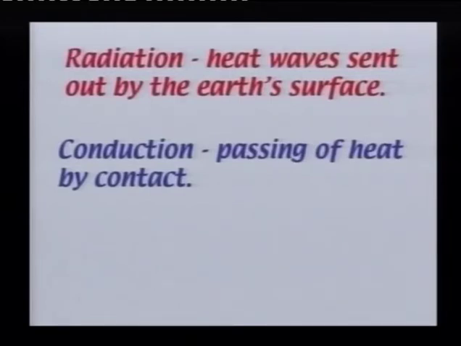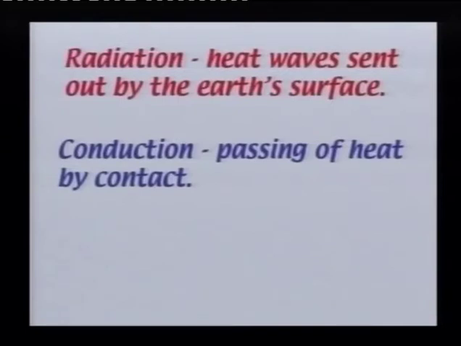And the heat exchange is called conduction. I'll repeat that. When two objects at different temperatures are in contact, heat flows from the warmer to the cooler object. And the heat exchange between those two objects is referred to as conduction. In simple terms, conduction is simply the passing of heat by contact.